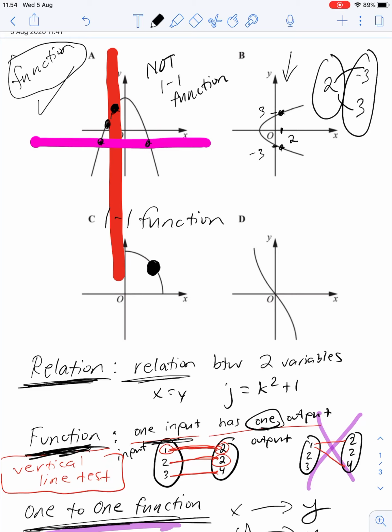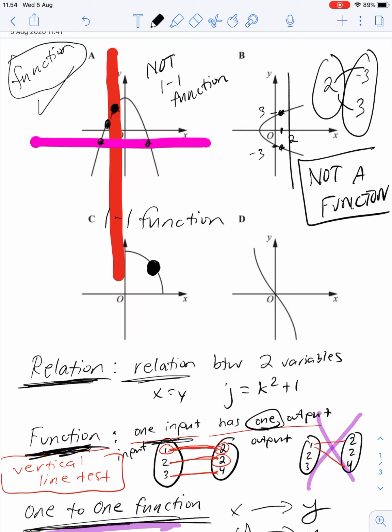This right here, letter B, I can draw a line, that is not a function for sure. This down here passes the vertical and it passes the horizontal line test.